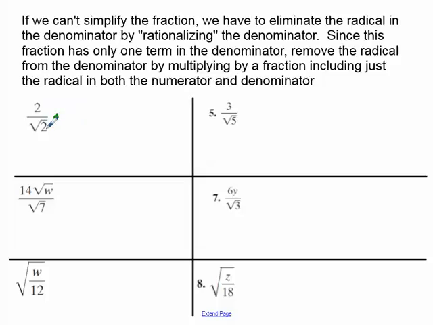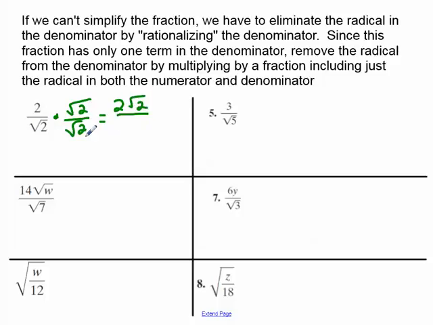So how do we get that whole number? If we've got a square root of 2 in the denominator, we have to multiply by square root of 2 over square root of 2. In the green, we're really multiplying by 1, aren't we? Square root of 2 divided by square root of 2 is just 1. The numerator becomes 2 times square root of 2, 2 square root of 2.